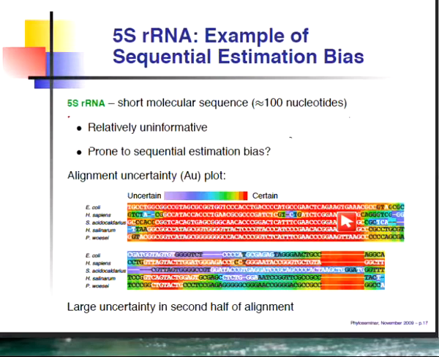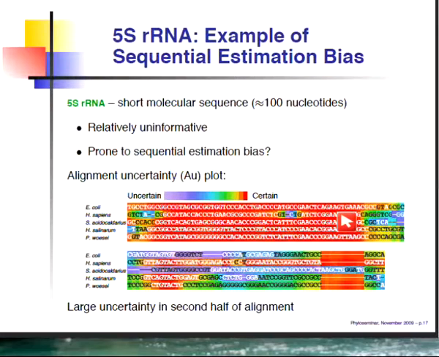So let's first start with an example where a reasonable answer would be that there's no information in the data. Don't try to give me really strong support for an answer, because I know that's just bias. One place where that might come from is trying to reconstruct the evolutionary history of a number of species based on a 5S RNA sequence.